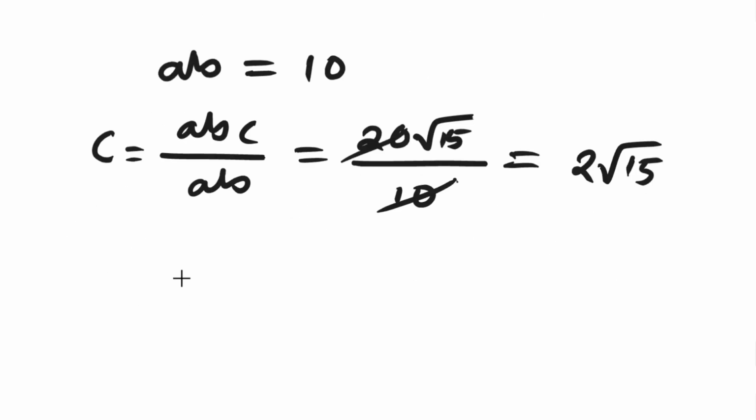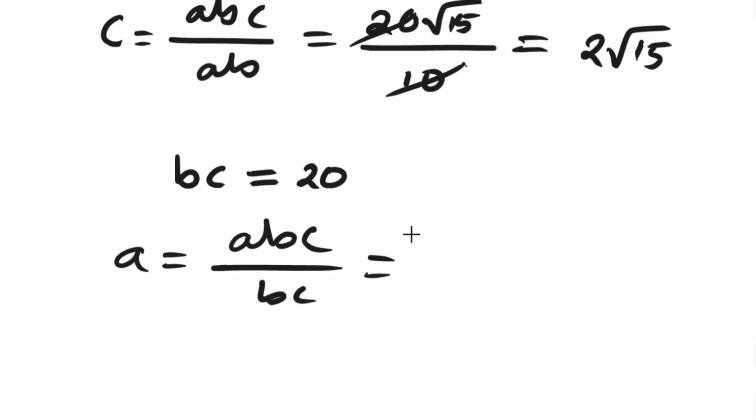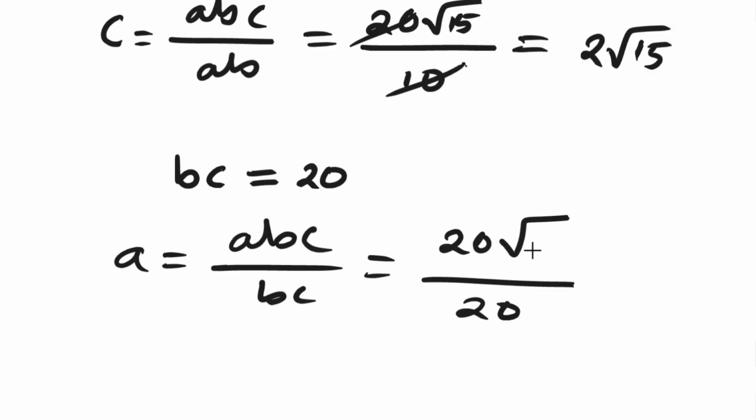Next, use the equation b multiplied by c equals 20. Divide a multiplied by b multiplied by c equals 20 square root of 15 by 20. Since b multiplied by c equals 20, we obtain a equals the square root of 15.